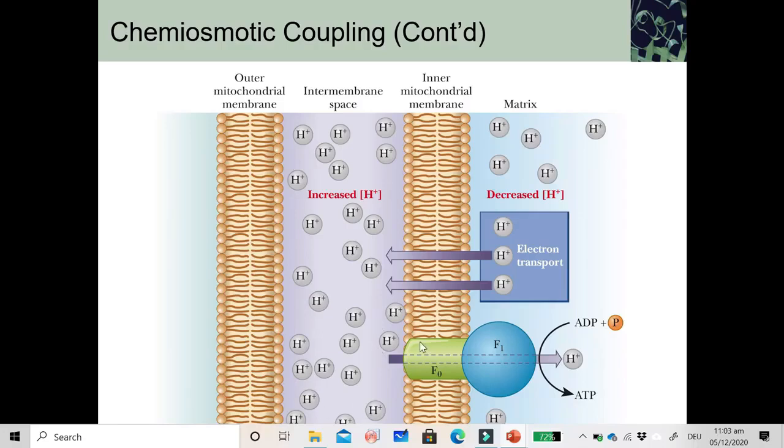So when the protons pass through the ATP synthase, specifically through the F0 subunit, the translocation of protons leads to the generation of ATP by F1, where ADP and inorganic phosphate are combined to produce ATP. That is called oxidative phosphorylation, of course. That is called conformational coupling, the synthesis of ATP by conformational coupling.